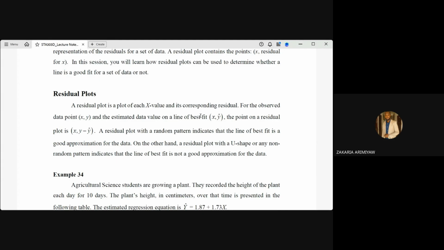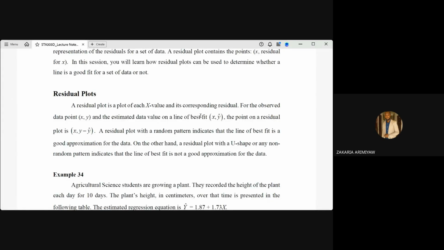However, if you have the residual plot and you observe that the points follow a specific shape, for example a U shape, or a curve, it tells you that the linear regression model is not a good fit. It suggests that a nonlinear model will be better and will provide a good fit for the data.